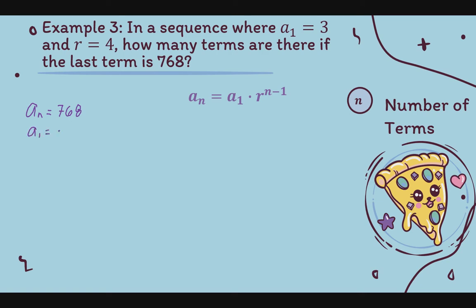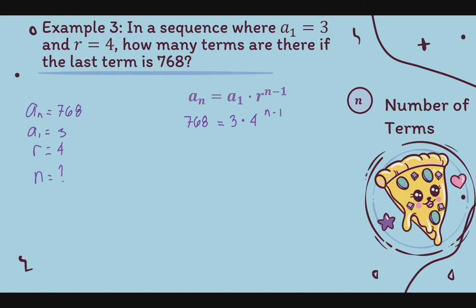Ang ating r is equal to 4. At ang nawawala again is n. Hanapin natin yung n na yan. So, substitute natin, 768 ang papalit sa a sub n. First term naman ay 3 times r, which is 4, raised to n minus 1. So, hindi natin alam yung value ng n, kaya hindi natin ma-minus yung 1.